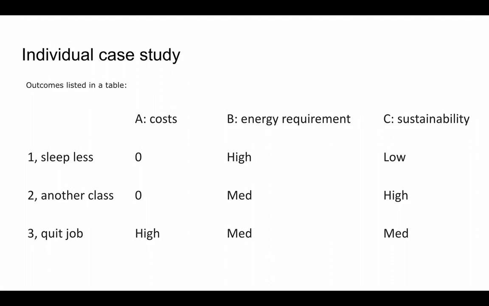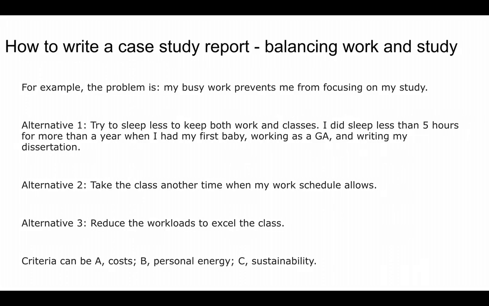As long as you can justify why this is the most important criterion, why it should outweigh other criteria, and why you make a decision based on this particular criterion, then you are fine, right? So to summarize, the first thing is that you need to identify the problem as specifically as possible, because that's going to help you create different solutions.